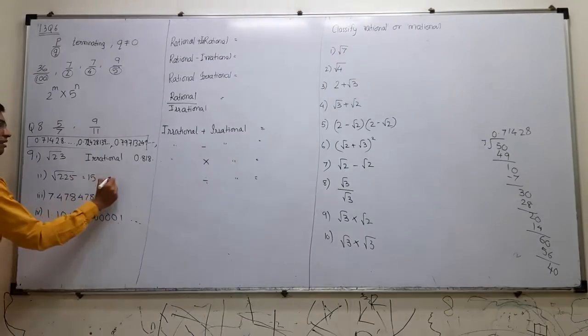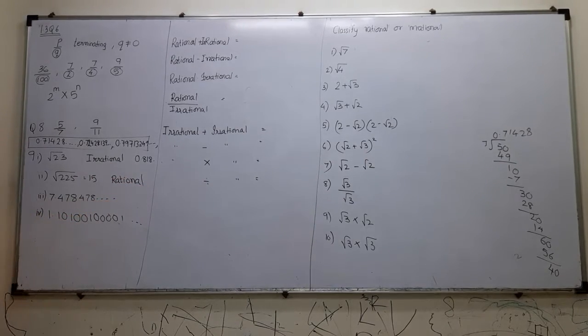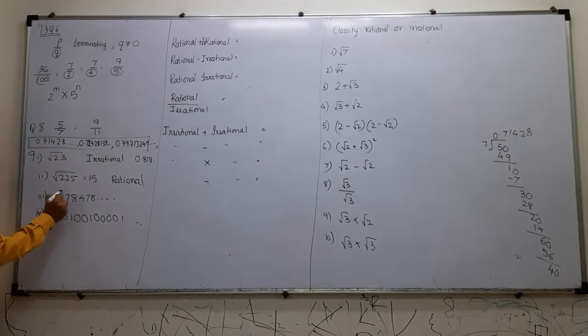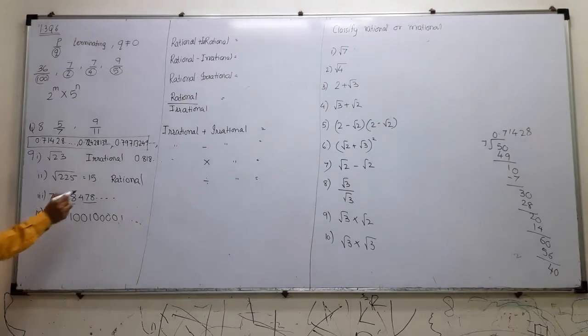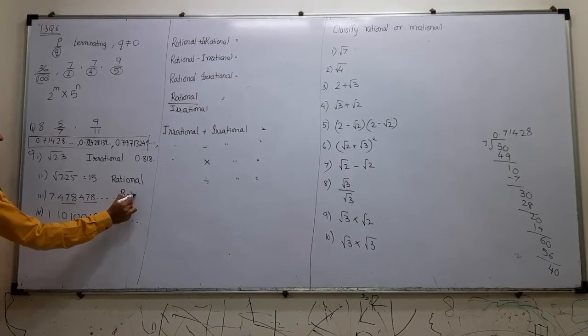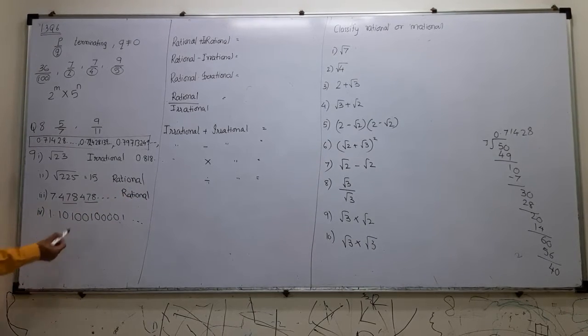What is 5? 5 is a rational number. Are you getting it? If you see here, you can see 478 is repeating. See this 478, 478. So it is non-terminating, recurring. So again it is rational.